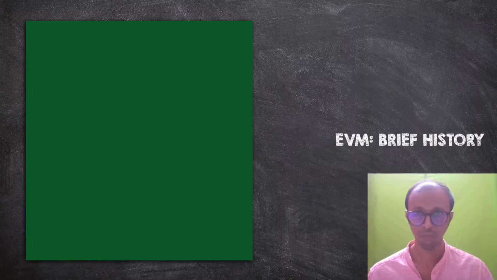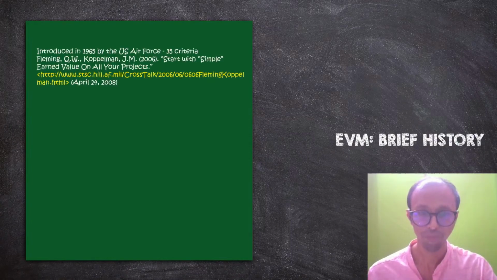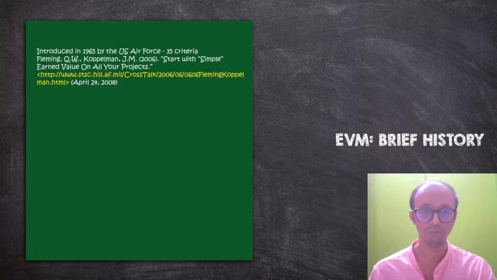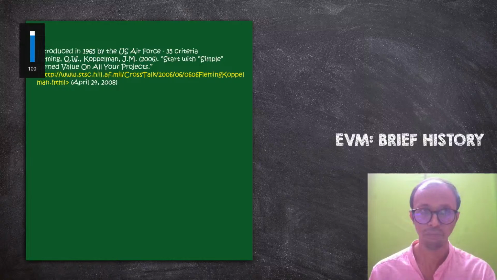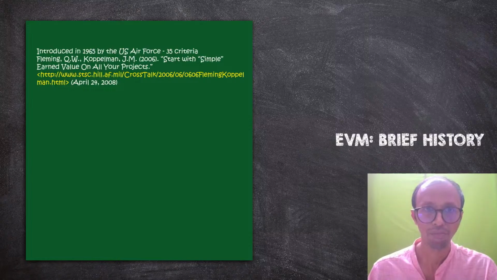So let me take you through where it started and how it started. The introduction of earned value management, or earned value calculation, started in the year 1965 by the US Air Force. Earned value was first introduced by the US government in 1965 by the Department of Defense and the NASA Guide to PERT, or the PERT calculation and the cost.